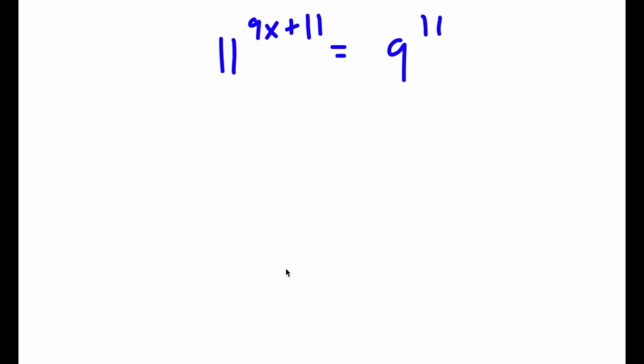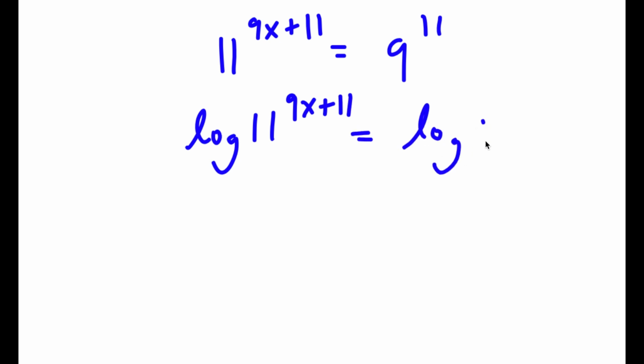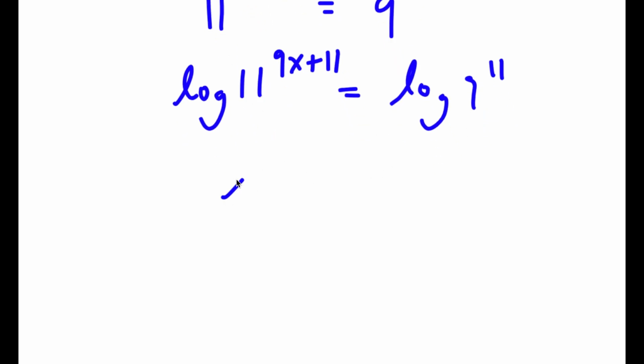Alright, so in this problem, I have 11 to the power of 9x plus 11 is equal to 9 to the power of 11. So to solve this problem, I'm going to first start by taking the log on both sides. So I have log 11 to the power of 9x plus 11 is equal to log 9 to the power of 11. Now if I have something in the form log a to the power of b, I can move b to the front.